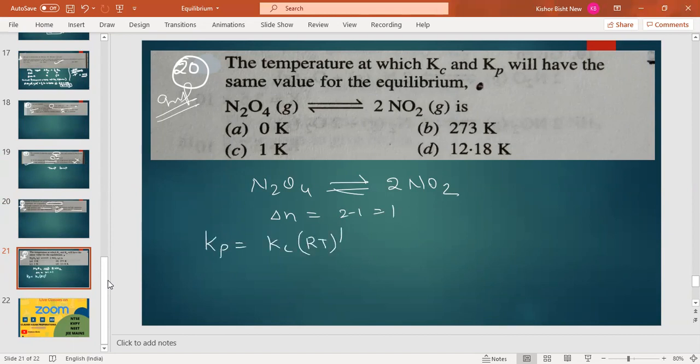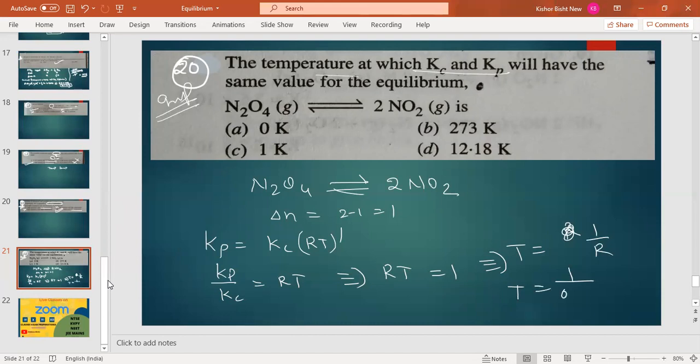So the question is, at what temperature will Kp and Kc have the same value at equilibrium? If Kp and Kc are equal, Kp upon Kc is equal to RT, so RT is equal to 1. So T is equal to 1 upon R, which means 1 upon 0.0821. If you calculate, you will get 12.81 Kelvin. This is your answer.